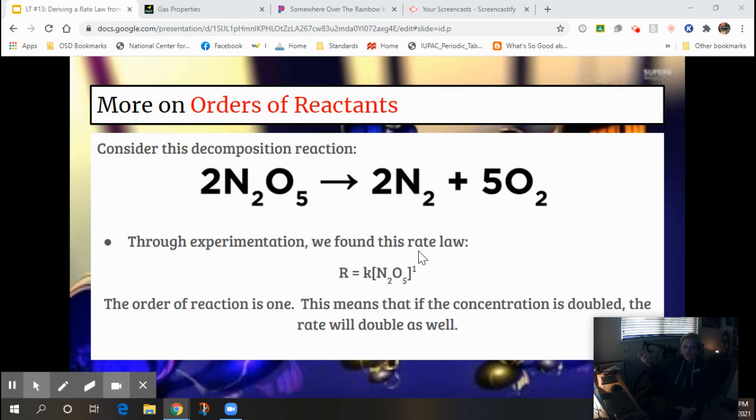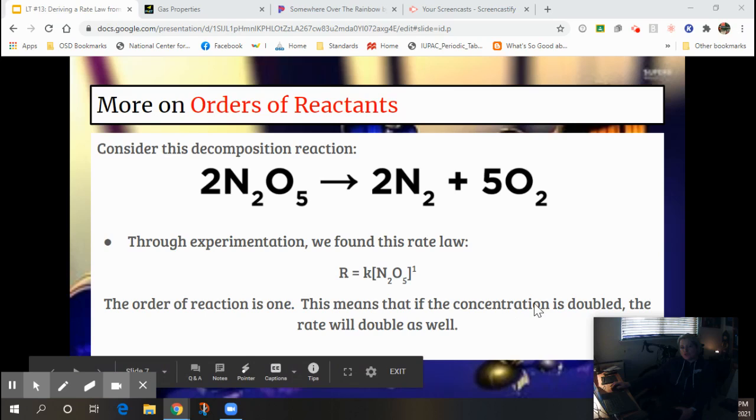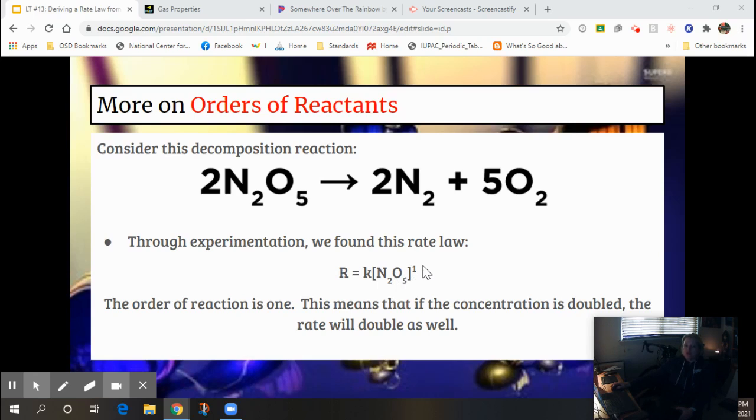This is a first order reaction. And what that tells us is that if the concentration of N2O5 is doubled, the rate at which this reaction will proceed will also double. That's what it means to be first order. If I double the concentration, I will directly double the rate of reaction. It's like an exponential function.